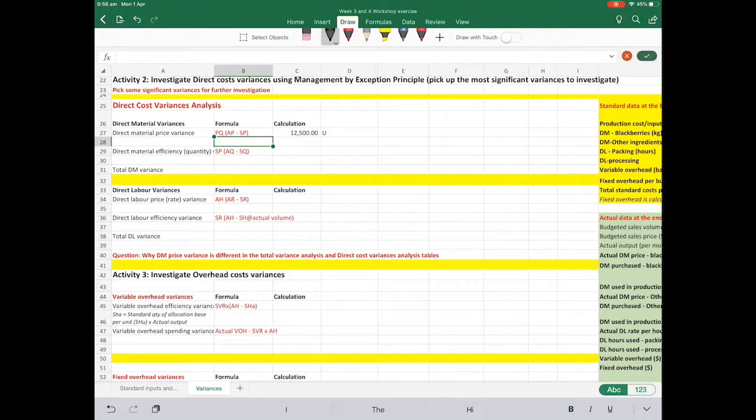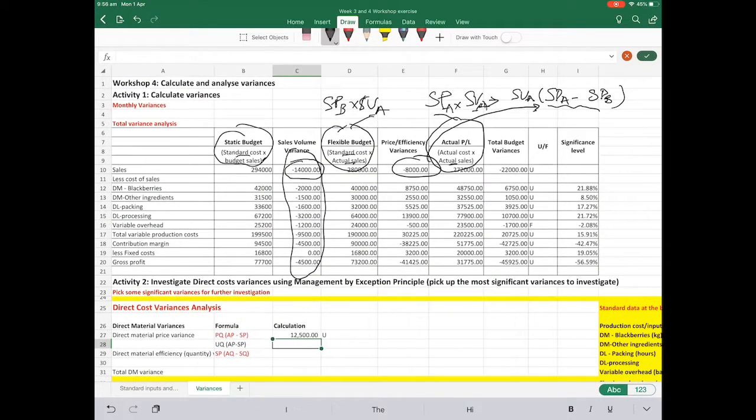Now there's another price variance that you can calculate. Instead of using purchase quantity, we use the use quantity, and we also times actual price minus the standard price. The reason why we use quantity is because when we want to investigate the direct material variance in the profit and loss statement, we have to remember that the portion of direct material cost in this relates to the amount of direct materials that we used in the production and transferred into the inventory and then sold.